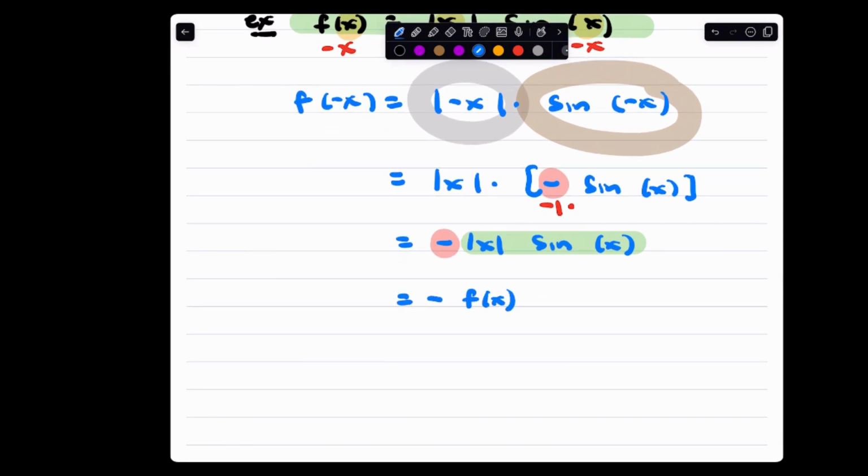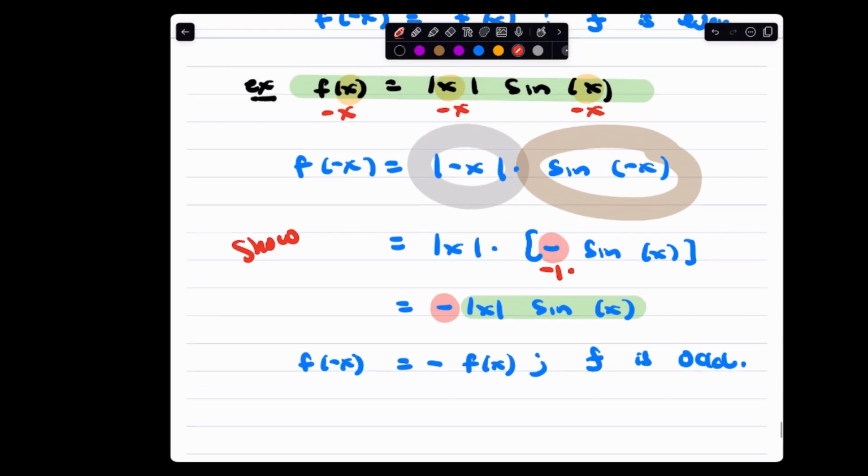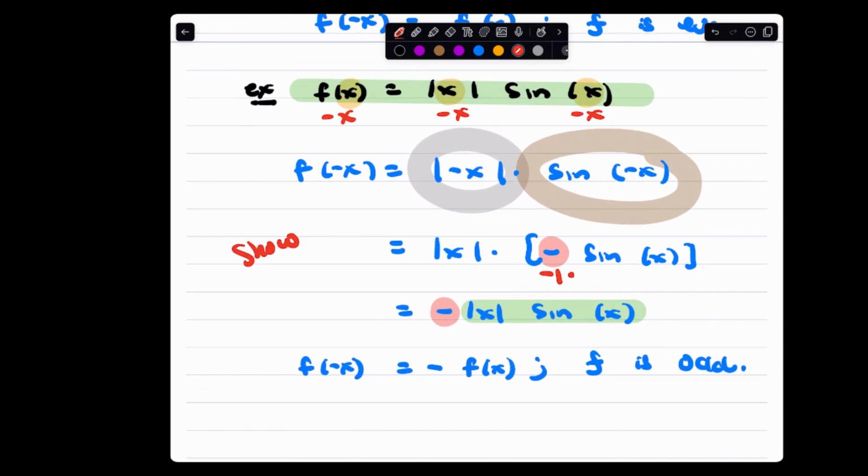So this will be negative f of x. And remember, it's not that you guess, it's that you show. This is the show, ladies and gentlemen. And that's the process behind even and odd. What do you guys think? It's not so bad?